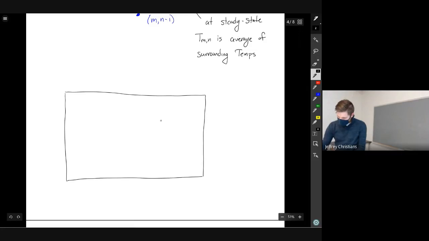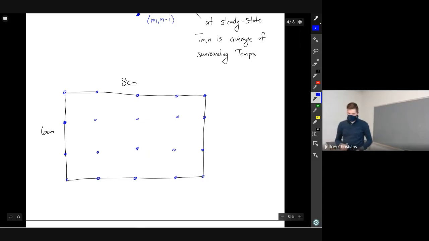This is 8 centimeters, this is 6 centimeters. Okay, we have something like this.